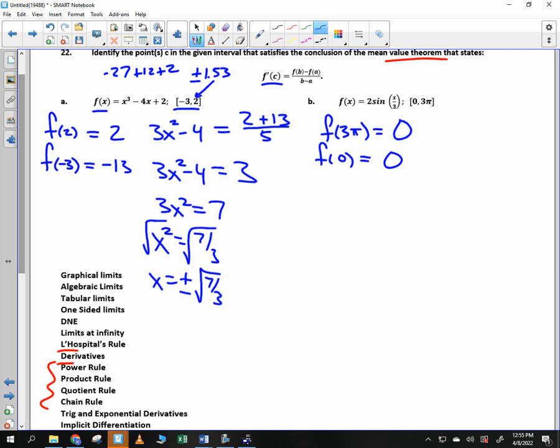What is the derivative of 2 sine of x over 3? Chain rule. Derivative of the inside, what's the derivative of 1/3 x? 1/3. So everybody see I'm going to get 2/3 cosine of x over 3. And that is equal to 0 minus 0 over 3 pi.